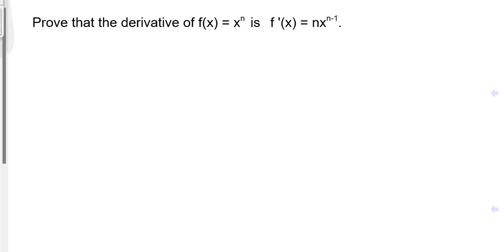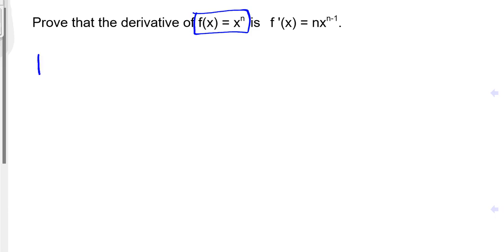I didn't leave space for this in your notes, and I won't ask you to repeat it, but doing math in university, proofs are all over the place. So let's see what we can figure out here. We want to find the derivative of this function. And so when we're going to prove something, we go back to definitions.